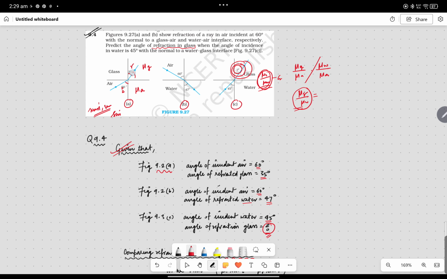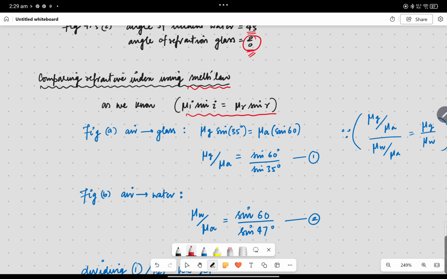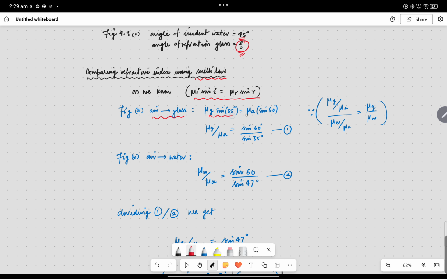It got bent towards the normal because glass is denser, its refractive density is more, right? So applying Snell's law for the air and glass system: mu g sin 35 is equal to mu air sin 60. You have to find mu g by mu air. That is the main plan here. So you will find mu g by mu air, then mu water by mu air, and you will divide to get mu g by mu water.